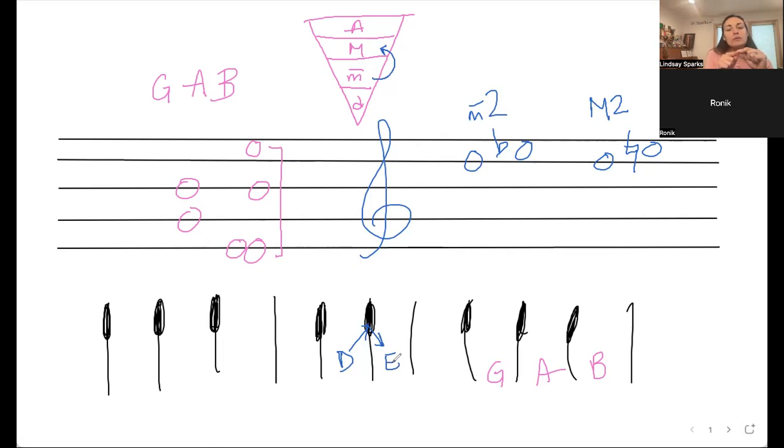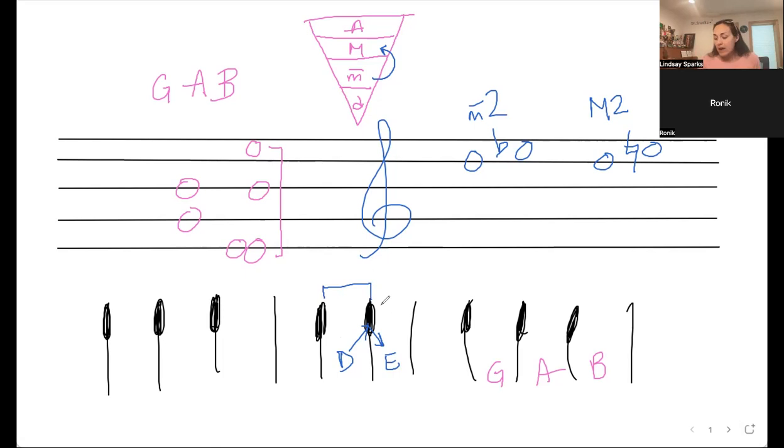So depending on the assignment, it might say, don't change the original note that we give you, just change the other notes around it. But technically speaking, yes, if you were at D and you went up to E flat, but you needed to create a major second, you could go down a half step, and then this would also be a major second going D flat to E flat. Okay, it's possible, but the given note, we're going to try not to change for now, just because it's good practice for next week.